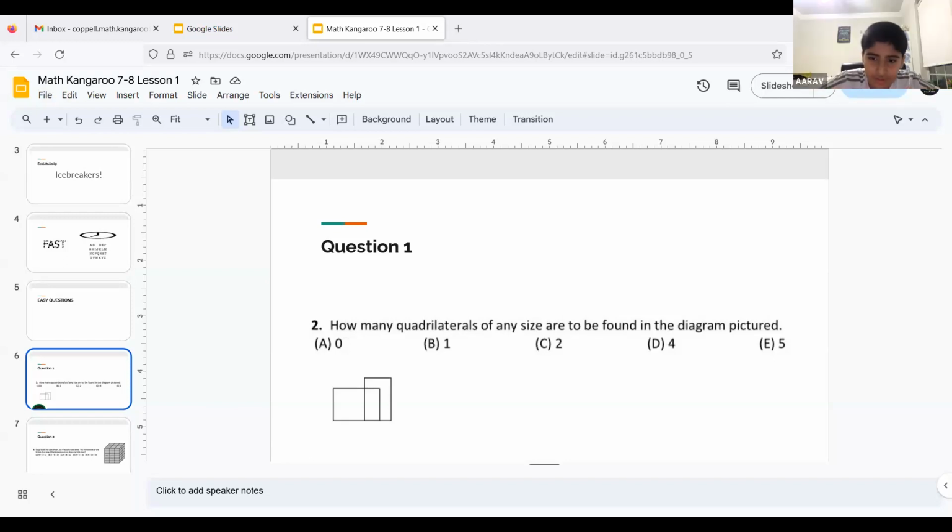My answer is D4. So the way I found it is first I took the two rectangles, the two bigger rectangles, and then I took the intersection in between those rectangles as a quadrilateral.